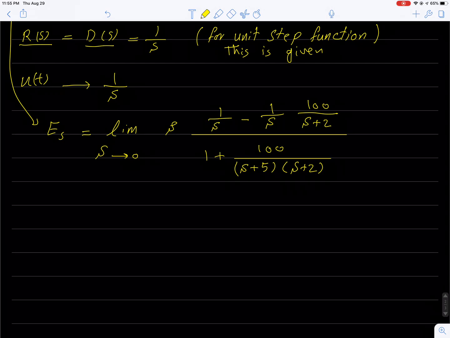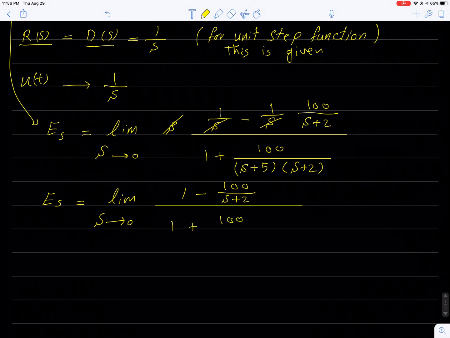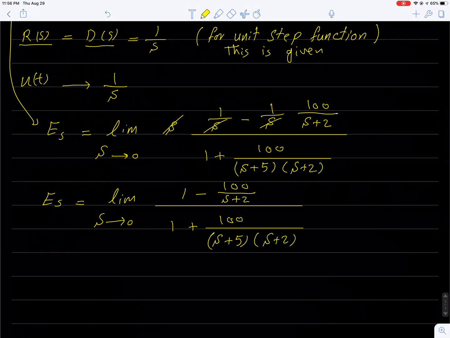Now this is a simple limit question. So now we can cancel these out and write it this way. Limit as S approaches 0 of 1 minus 100 over S plus 2, divided by 1 plus 100 over S plus 5 times S plus 2.